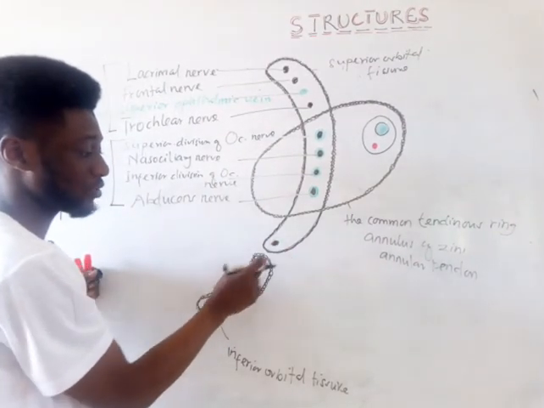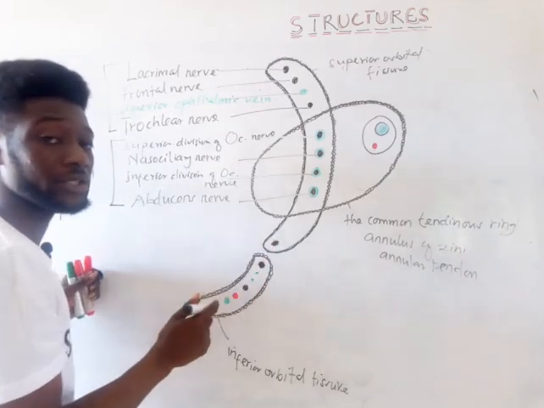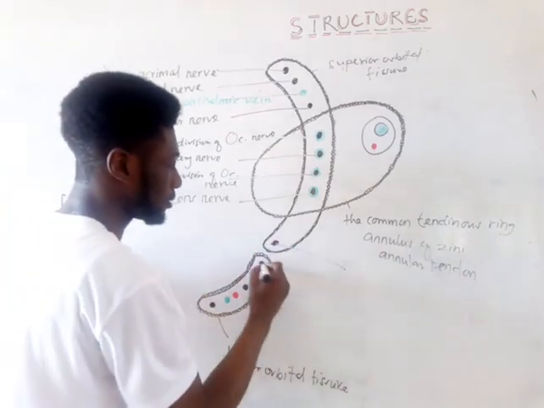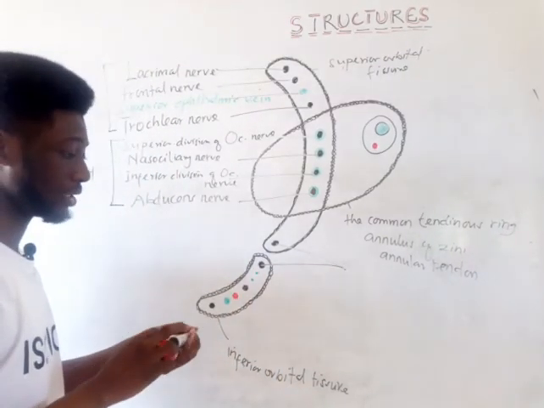Now, another structure passes through the inferior orbital fissure and the superior orbital fissure: the inferior ophthalmic vein.